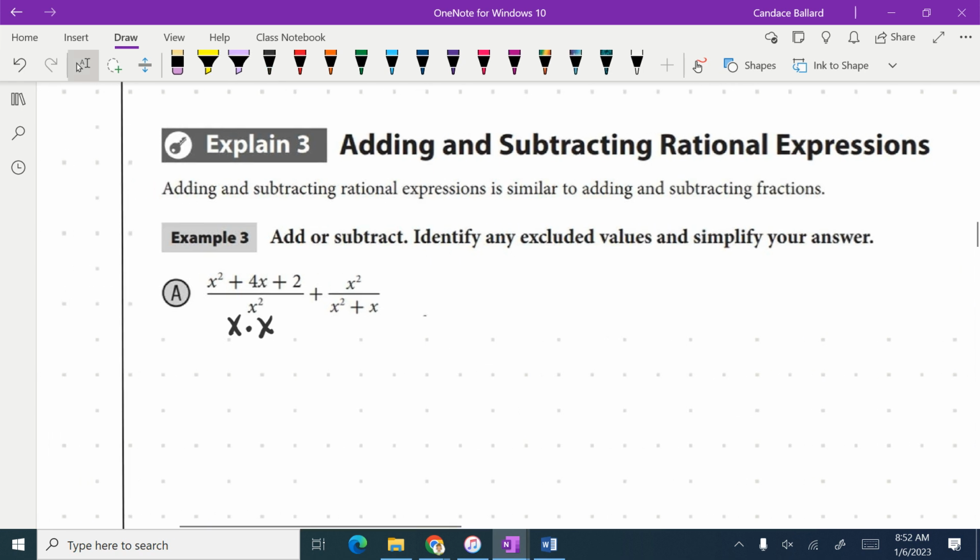Okay. All right. What kind of factoring do I have in this second denominator? Greatest common factor. What is the greatest common factor? X. Good. So I'm pulling an X out. So remember, we're dividing both of those terms by X. So what's X squared divided by X? Just X left behind.